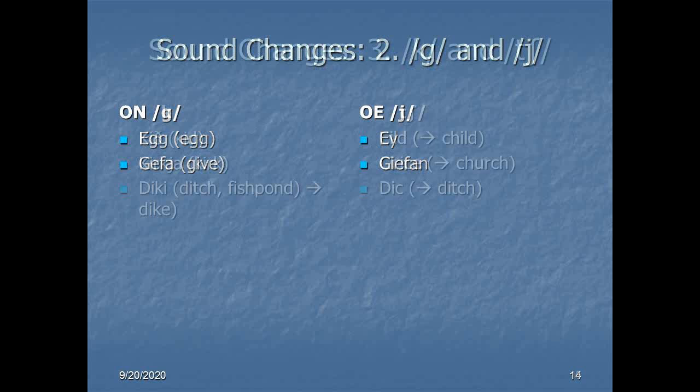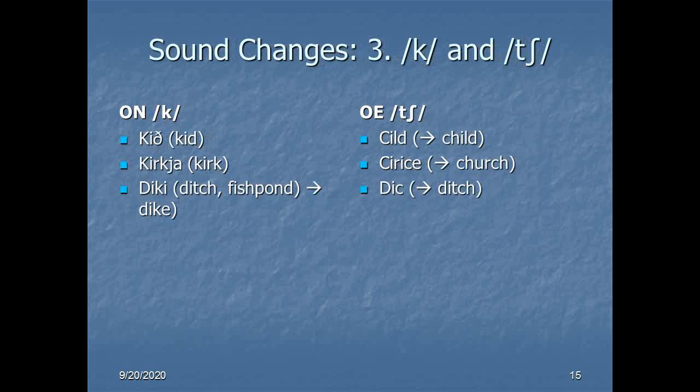Going to move on. Now, if we want to look at other sound changes, we can consider the difference between k and ch, in which case, once again, Old Norse maintains the more conservative pronunciation. So we have, for example, in Old Norse, kid, from which we get kid, and we have in Old English, child, from which we get child.